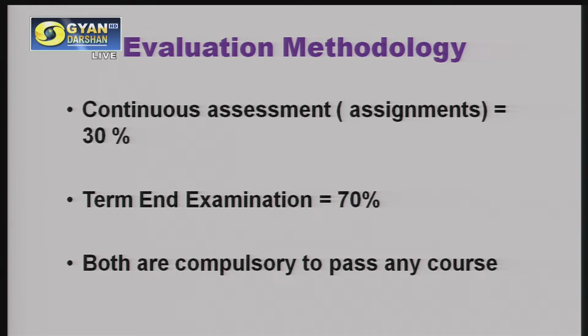Continuous assessment, that means assignments, has 30% weightage. So each assignment, if it is for 100 marks, then 30 marks will be taken for the final assessment of that particular course. And the term-end examination will bear 70% of the total. And both these components are compulsory to pass so as to move on to the next semester or to get the degree of BA Gender Studies.